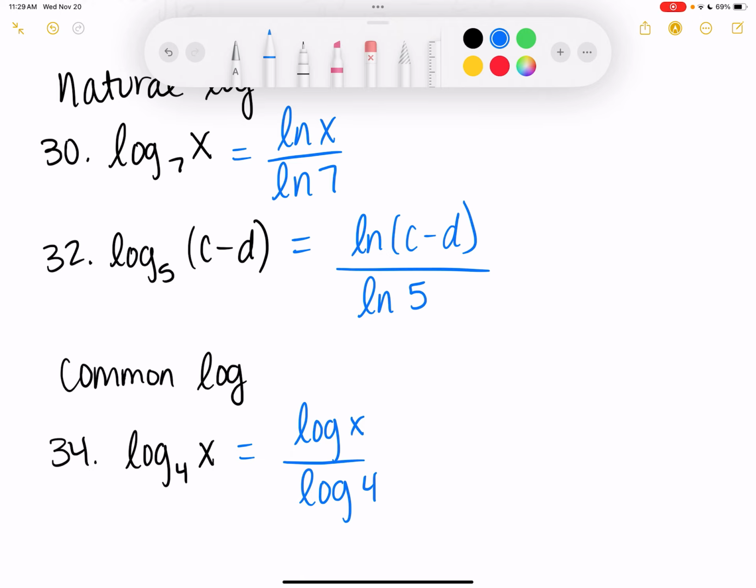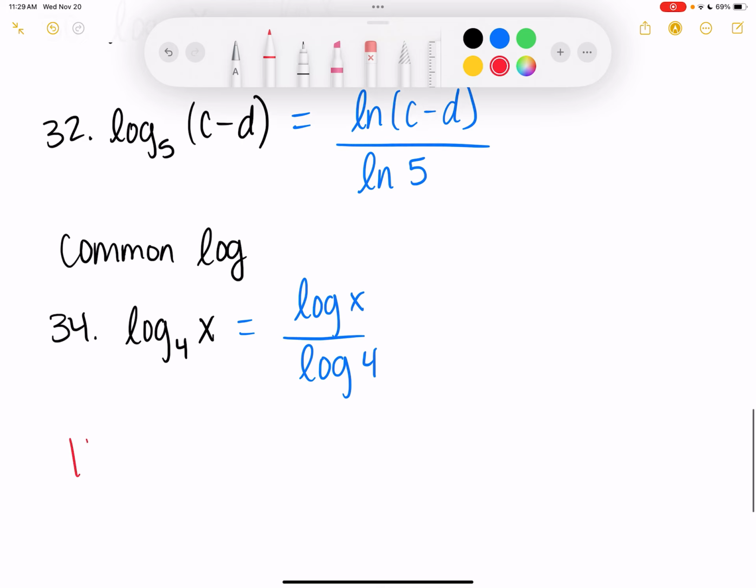Your problems are 1 through 33, every other odd. And when you're done with that, you can do your notes for the next section, but you need to finish this first.